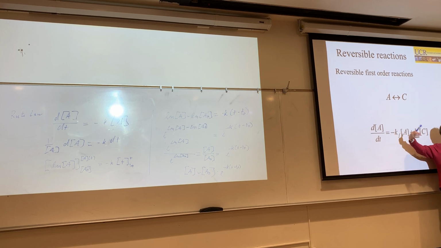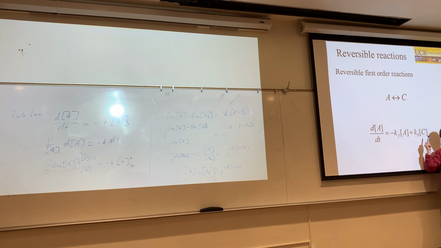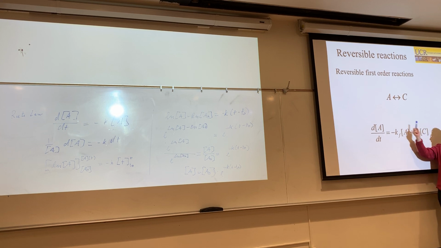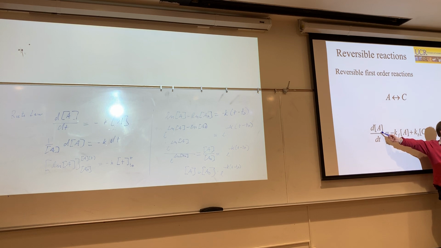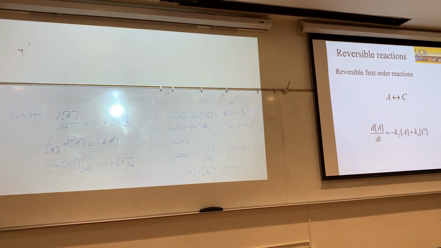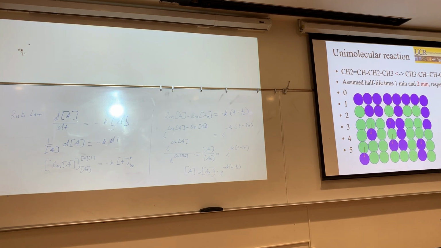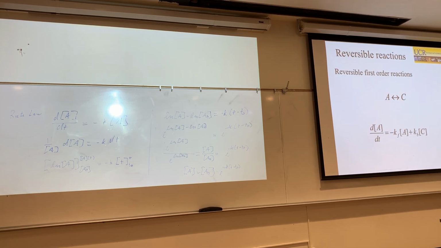And then we have the backward unimolecular reaction, where the rate is the k backward times the concentration of C. And that is making A, so it has a positive sign, because now the change will be positive. So knowing this is a unimolecular reaction, knowing it just goes forward and backward, we can immediately figure out what the rate equation should be.